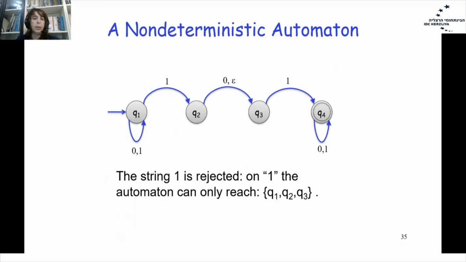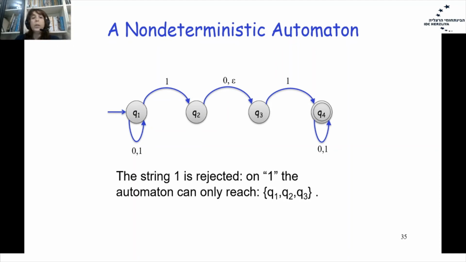Let's see an example. Let's take the word 1. Let's run our automaton. For 1, we have several possibilities. We can start reading 1 in Q1 and we can stay in Q1, which is a non-accepting state. We can move with 1 from Q1 to Q2, which is not an accepting state.